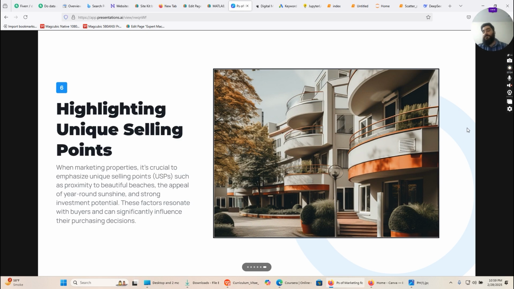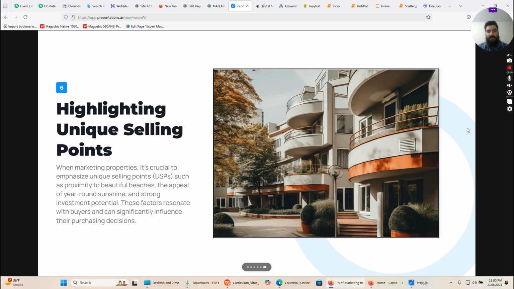Now I'm going to summarize what I have told you about the product, which is highlighting unique selling points. When marketing properties, it is crucial to emphasize unique selling points such as proximity to beautiful beaches, the appeal of year-round sunshine, and strong investment potential. So coming back to the previous explanation, if the customer is seeking a luxurious lifestyle, you might sell the property based on the unique selling point that it is quite close to beaches and has year-round sunshine.